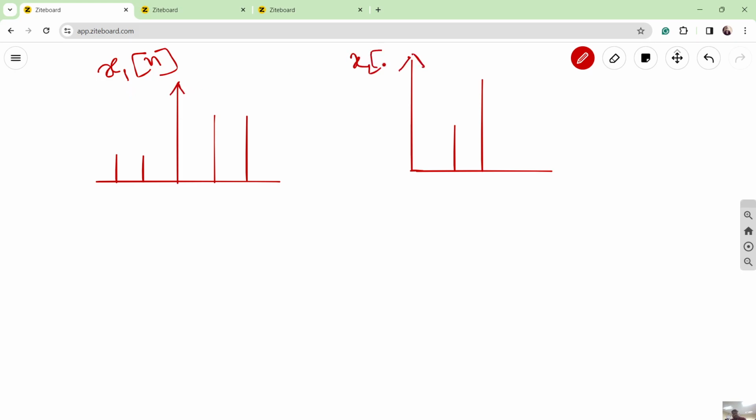This is x2 of n. The value 1, right? This value is 0.5.